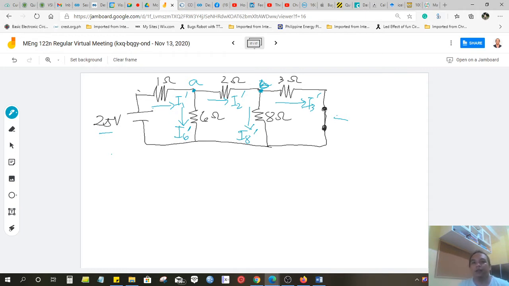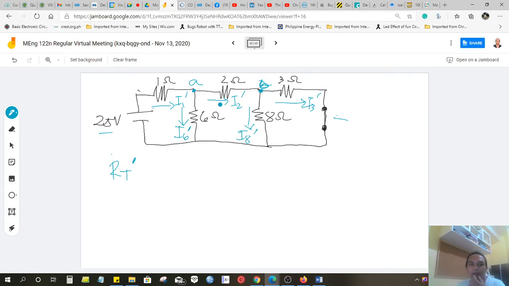So first, we need to find the value of the total resistance of the circuit. Now, RT prime, because this is the first scenario. If we get the total resistance, we can get the value of I1, I1 prime.